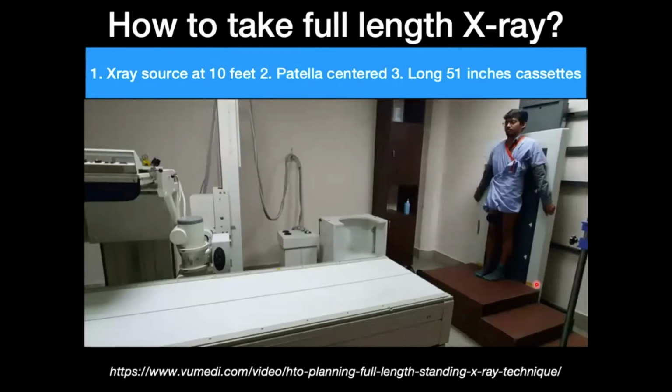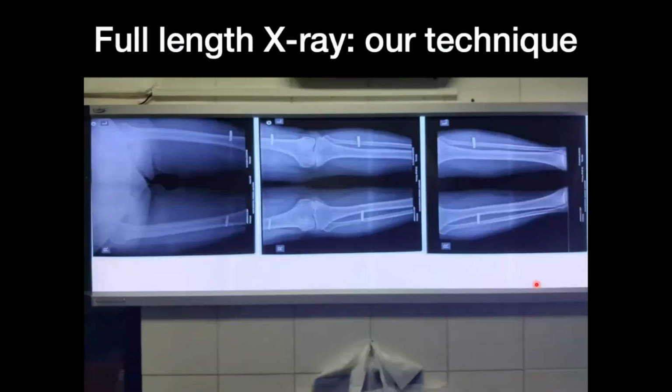But the problem in our setting is we do not have this type of facility, so how do we take a full length X-ray with our usual conventional X-rays? In our AKB center, we have been doing this. We take 3 different X-rays, and we stick some metal markers over the patient's skin, not over the cloth, so that they won't move.